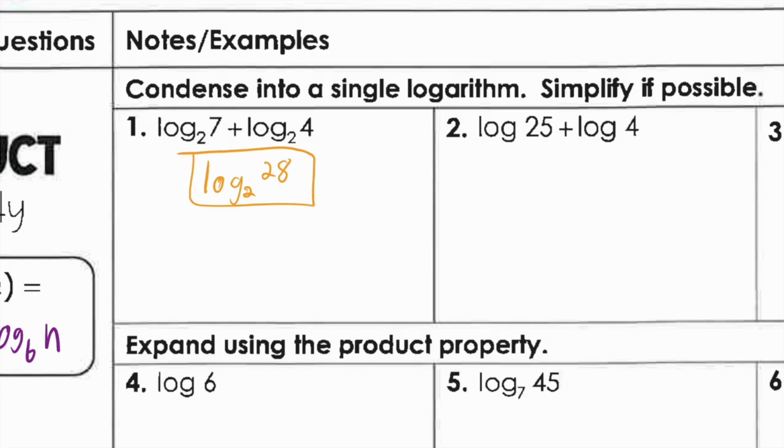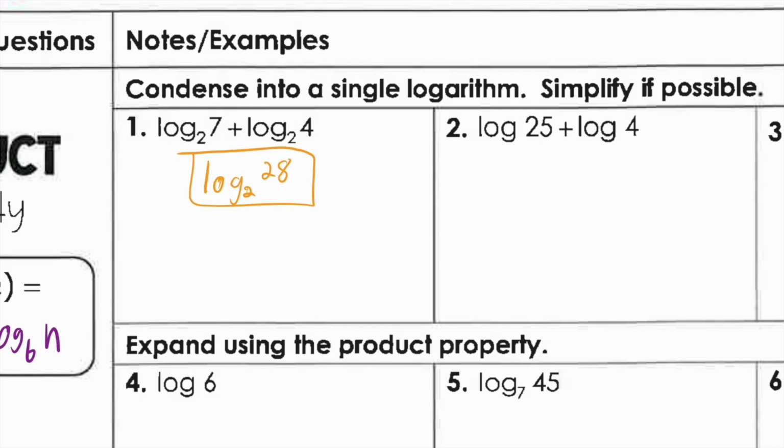And we don't need to evaluate what this is. Simplifying and evaluating are different here. We are just condensing, and simplifying was actually multiplying 7 times 4. If I wanted to evaluate this logarithm, that's where we do the change of base and say log of 28 over log of 2, since 2 raised to an integer power would not give you 28.